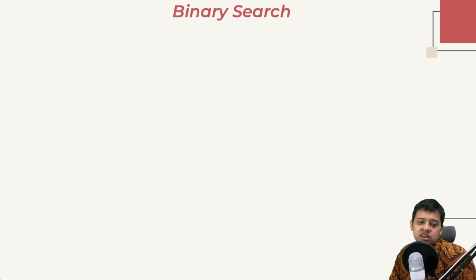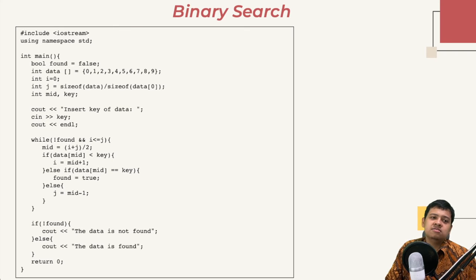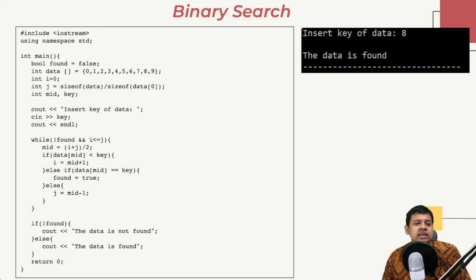Now let's see the code of the binary search. Just like the previous example, we want to find the data. Here we have ordered data. We have the size, and we need some variables to keep our cursor, our pointer.